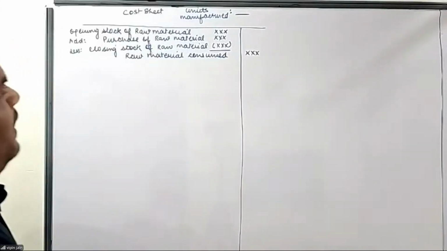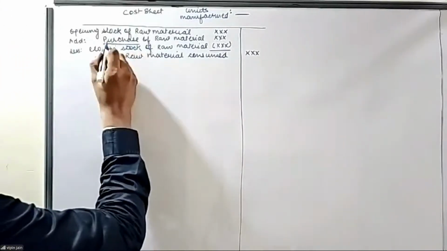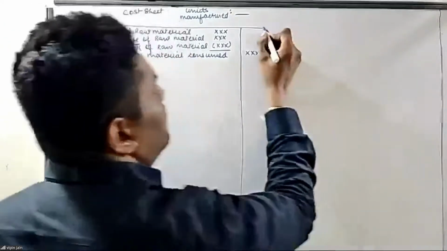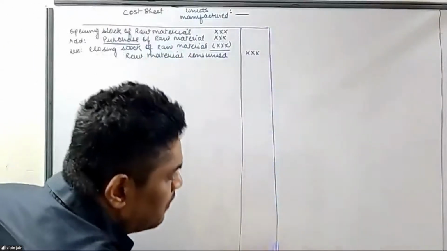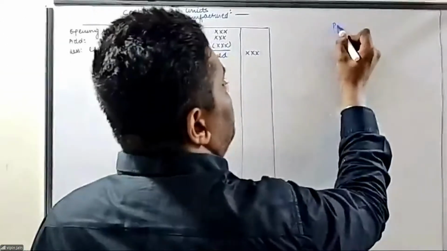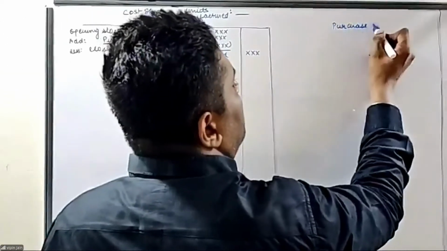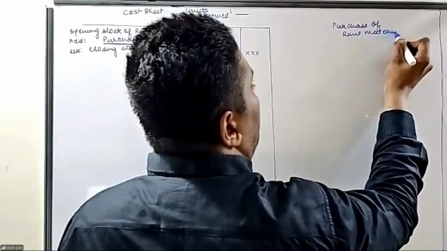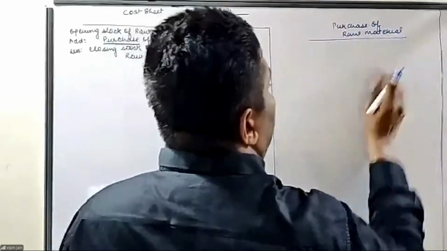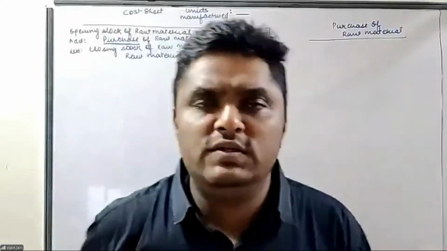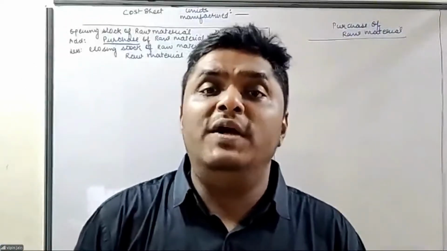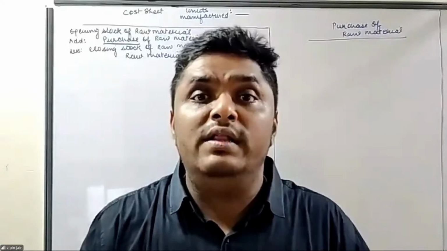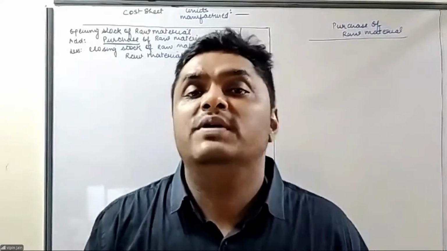Now, a very important part is this purchase of raw material. When talking about the purchase of raw material, not only the purchase price of raw material, but the cost incurred till the factory gate will be included in the purchase cost of raw material.